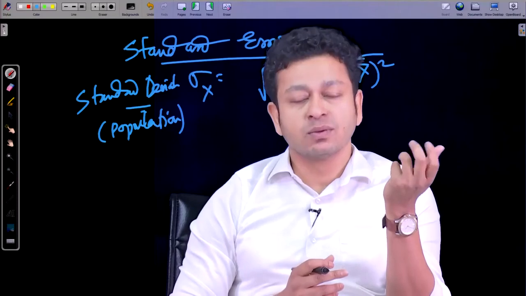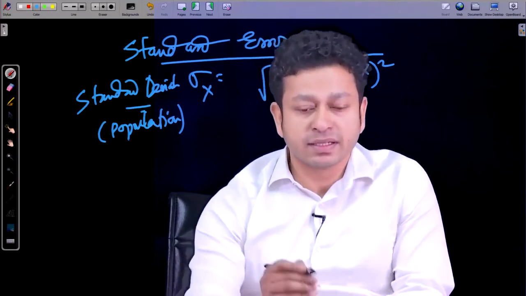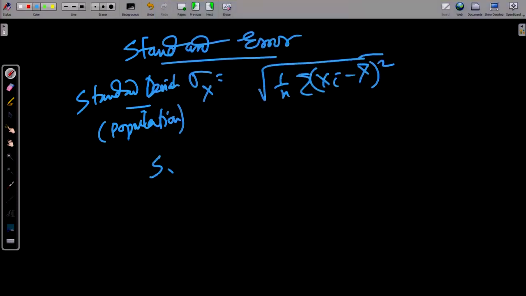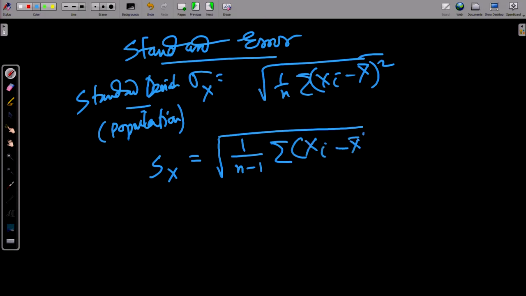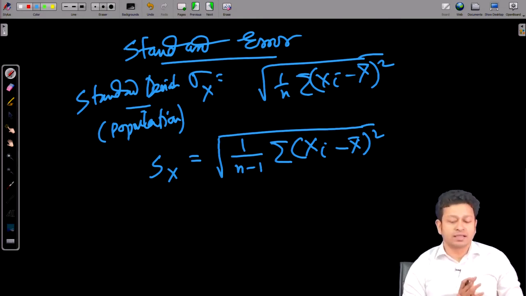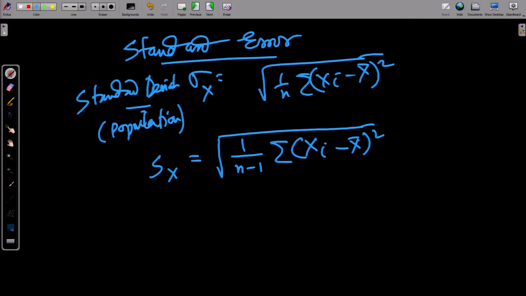So what we do here is estimate from the sample, and we denote it as Sx, and we use 1 by n minus 1 for the sample, because there are some approximations involved, and we explained where these approximations are coming from. So we use this approximated value for the population standard deviation, because that is how Sx could represent the population standard deviation.